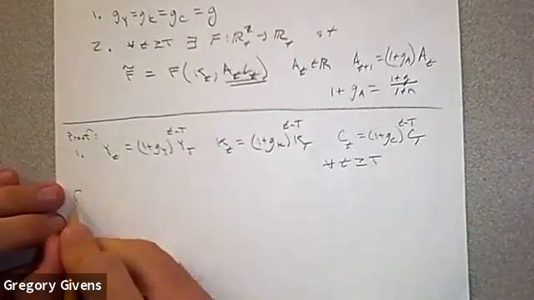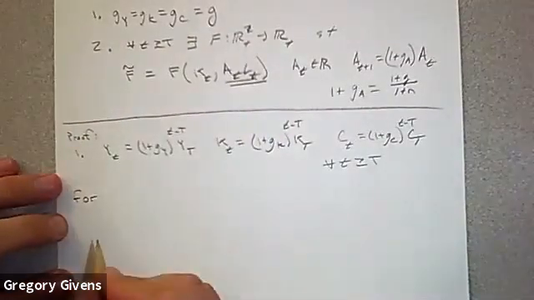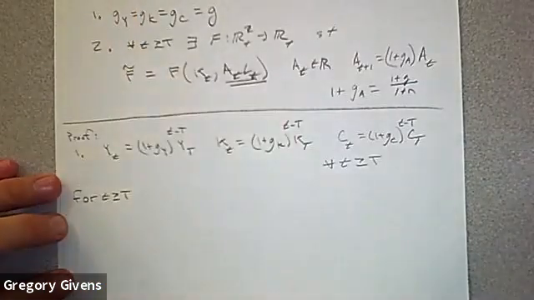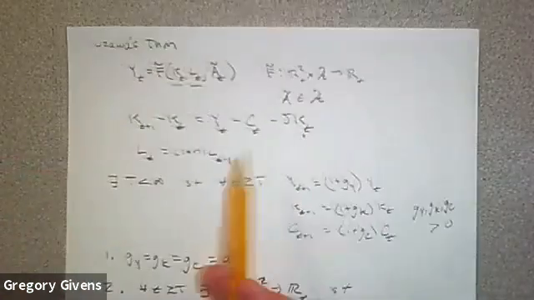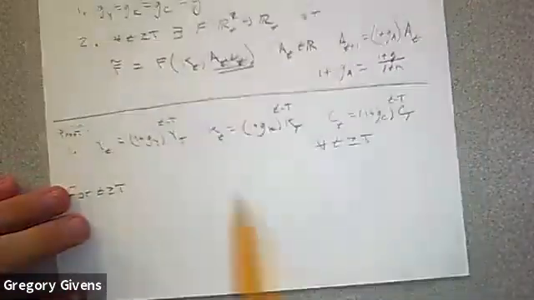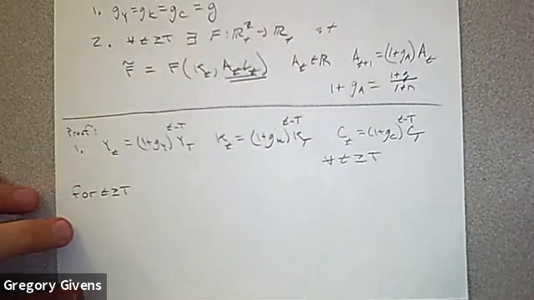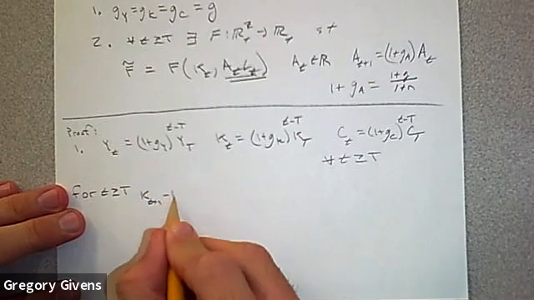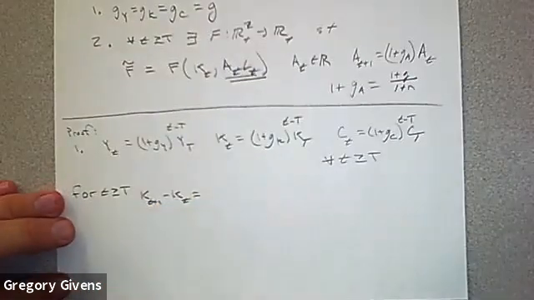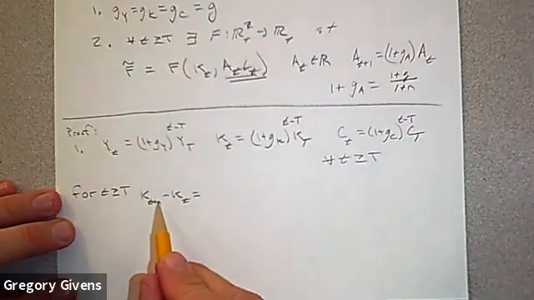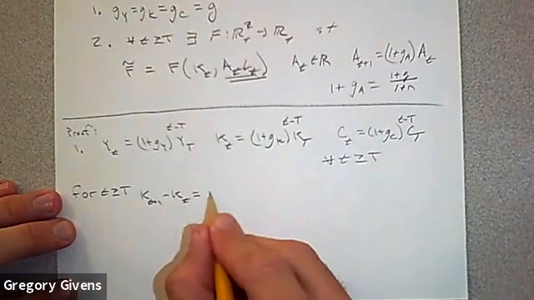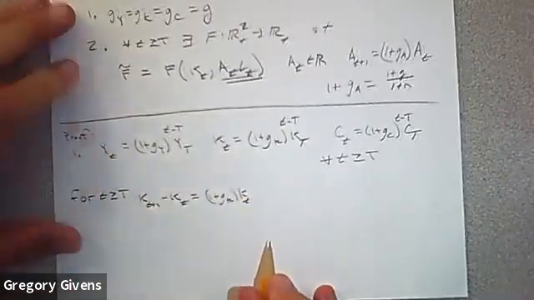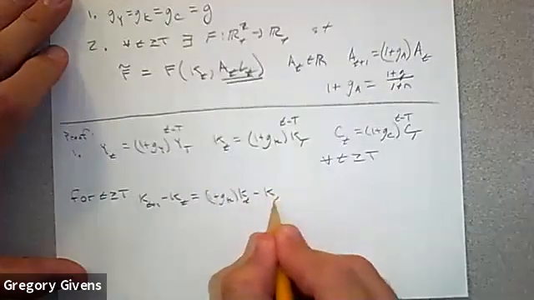All right. So for any t bigger than or equal to cap T, I'm going to rewrite the aggregate resource constraint up here in terms of my transformed variables. So for instance, kt plus 1 minus kt, what is that going to be equal to? Well, kt plus 1 is just 1 plus gk times kt minus kt.